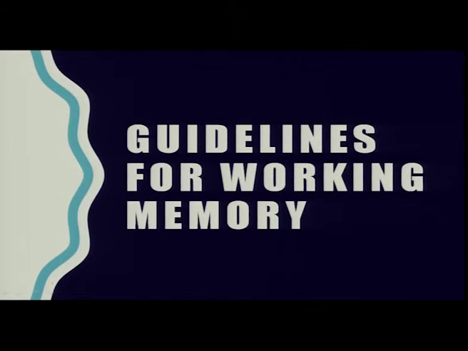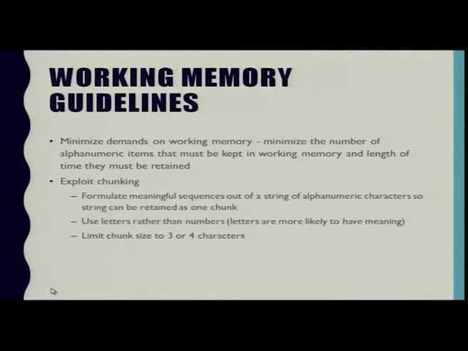Now we will also cover the guidelines for working memory. Most of the design guidelines which we are going to discuss are aimed at mitigating the limitations of working memory. The limitations of working memory are its capacity and time factor, which we have understood in a previous lecture.